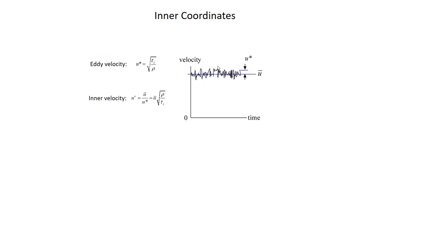The magnitude of the oscillation of the actual velocity about the average velocity, our best guess for that magnitude, is u star. It's the amplitude of these fluctuations. So our inner velocity, u plus, is just going to be u bar, that velocity normalized by u star. Now I have an estimate for what u star should be, so we'll divide it by the square root of tau s over rho. So that's our inner velocity. That's what u plus is defined as.